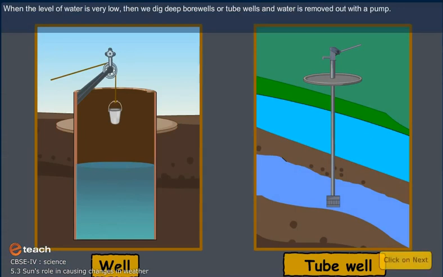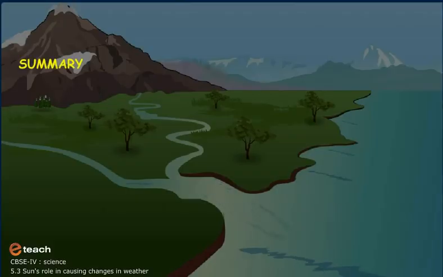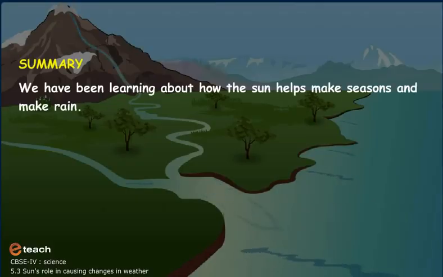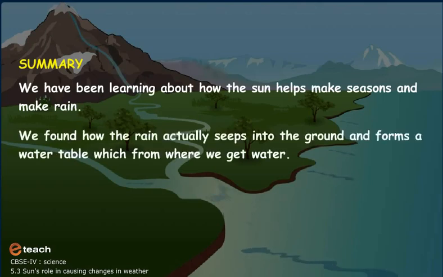Summary: We have been learning about how the sun helps make seasons and make rain. We found how the rain actually seeps into the ground and forms a water table, from where we get water.